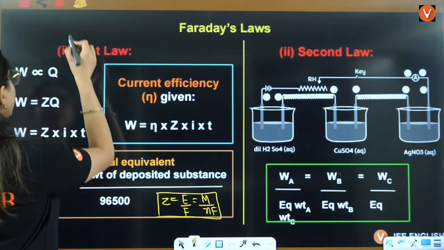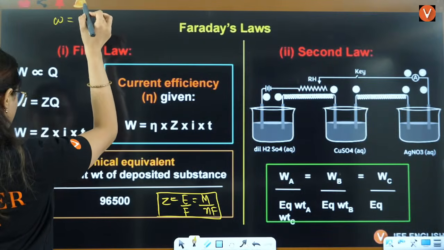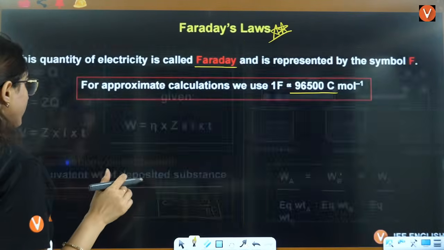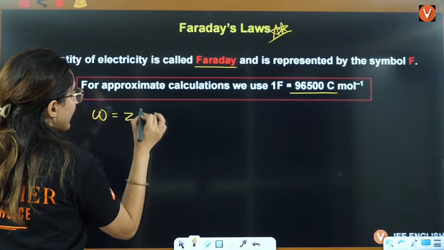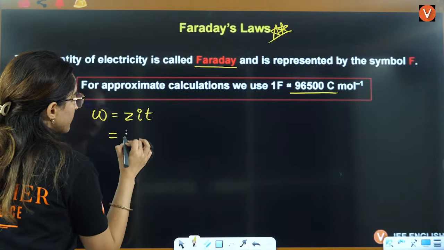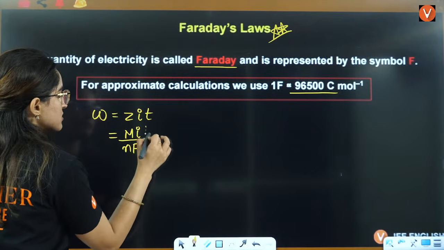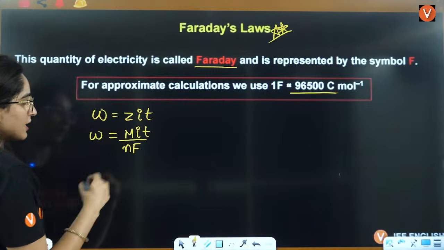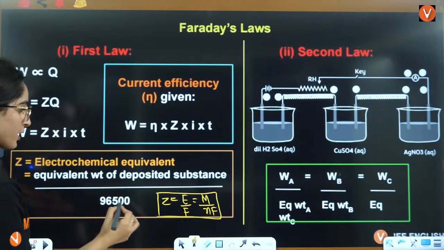So we can write it here, W is equal to Z I T. Z is nothing but molar mass by n factor into Faraday. This is I into T, right? Here you should write that we are talking about n factor.